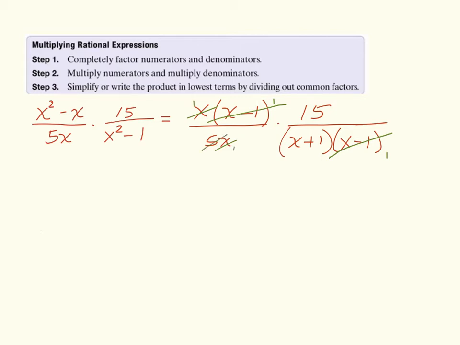Then the 5 divides into the 15 3 times, and the 5 becomes a 1. So what we're left with is a 1 times 3 in the numerator, which is 3, all over 1 times x plus 1 times another 1 in the denominator. So all we have is x plus 1.